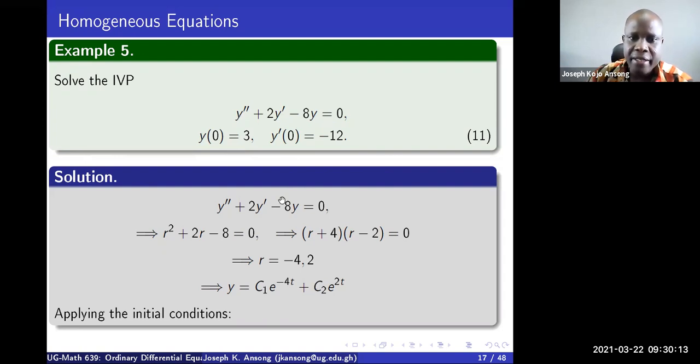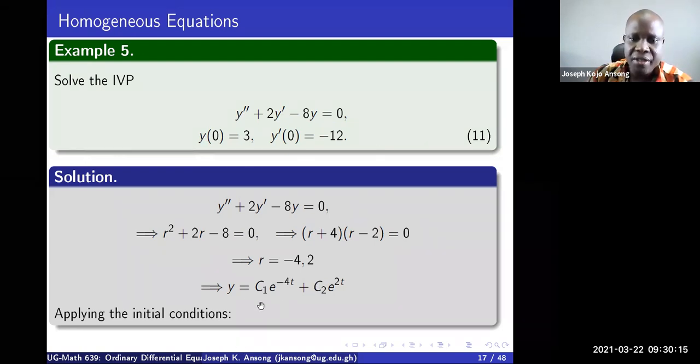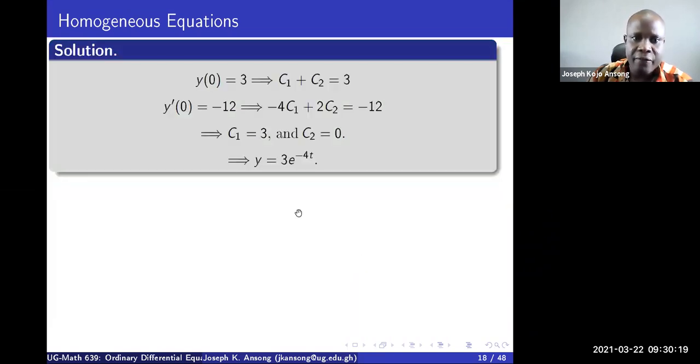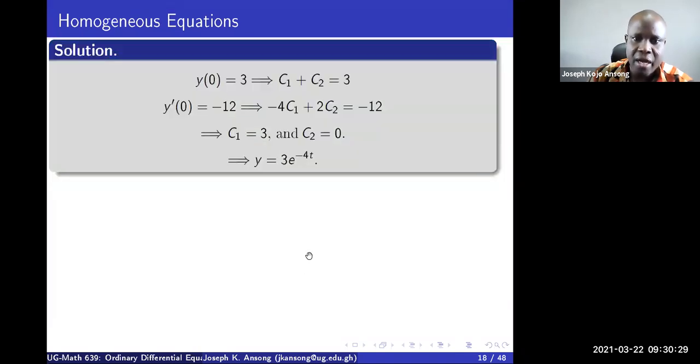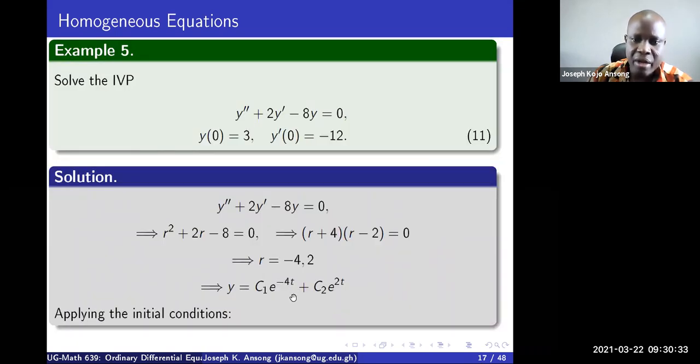All right. But in this case, because I'm given the initial conditions, I can solve for c1 and c2. Okay. So for the first one, when t is 0, y is 3, that gives me c1 plus c2 is equal to 3. So plug in t equals 0 here. And then find the derivative of this solution and plug in t equals 0.